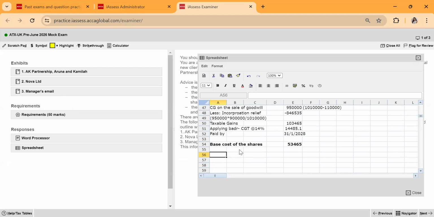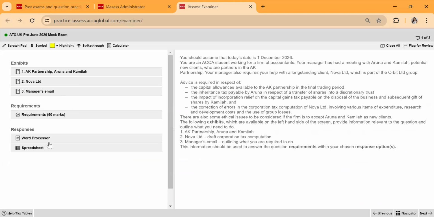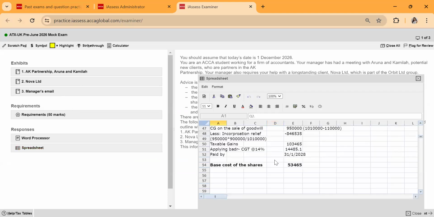But we have to first calculate the tax chargeable gain for the same. So I will write here: calculation of incorporation relief, and base cost and CGT.